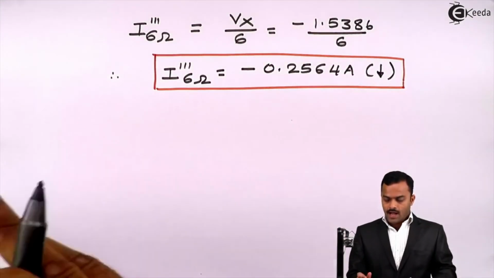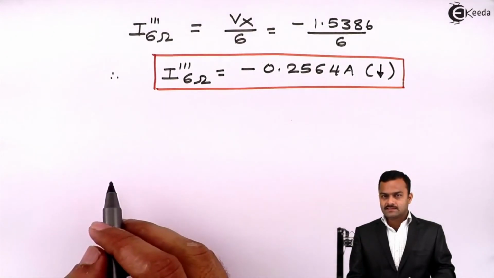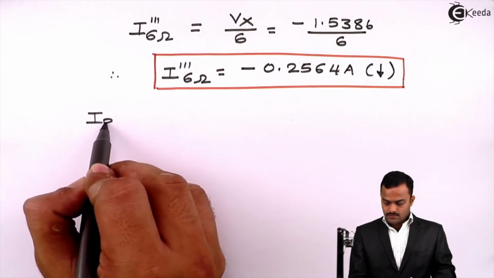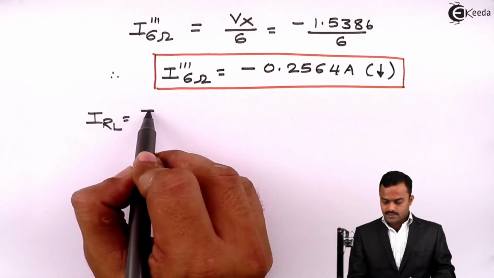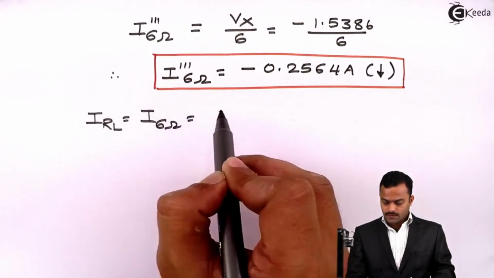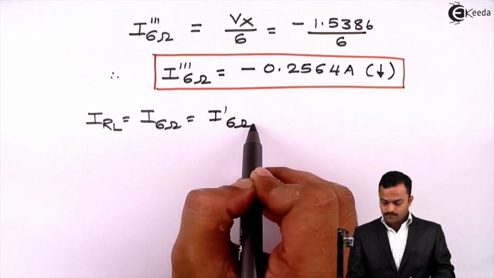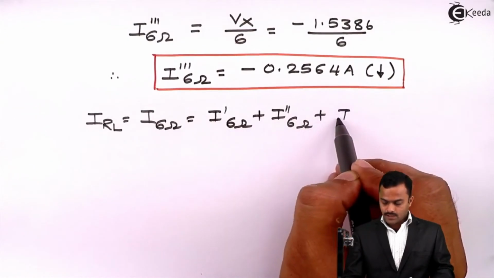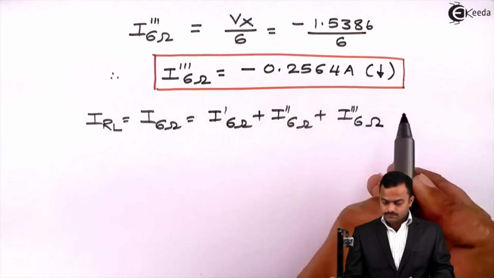Finally, I need to add all these results, and the algebraic sum will be the final answer. So I_RL, or in this case I6 ohm, is I dash 6 ohm plus I double dash 6 ohm plus I triple dash 6 ohm.